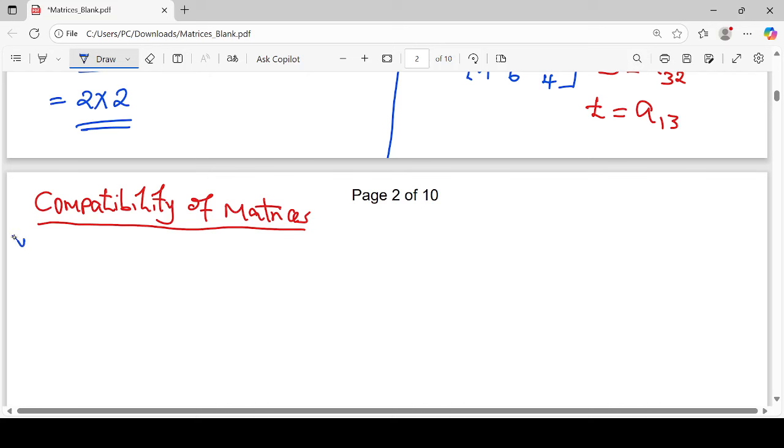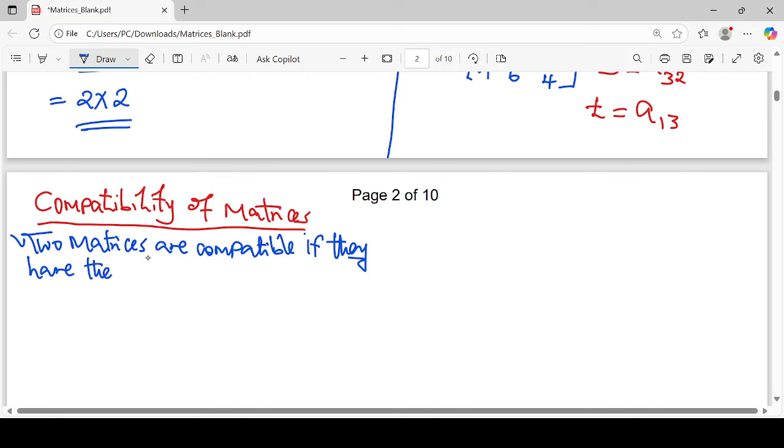So we can say that two matrices are compatible if they have the same number of rows and columns.